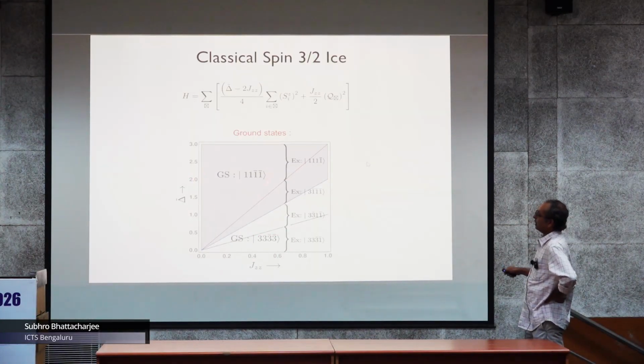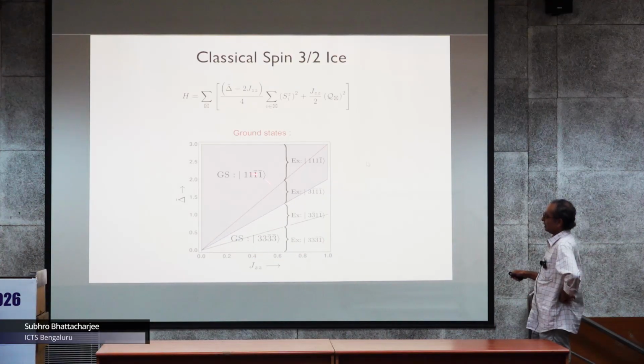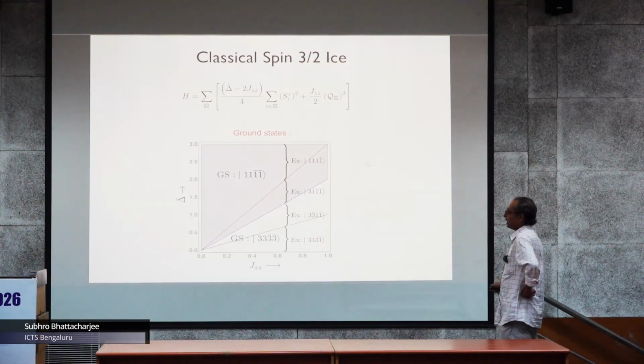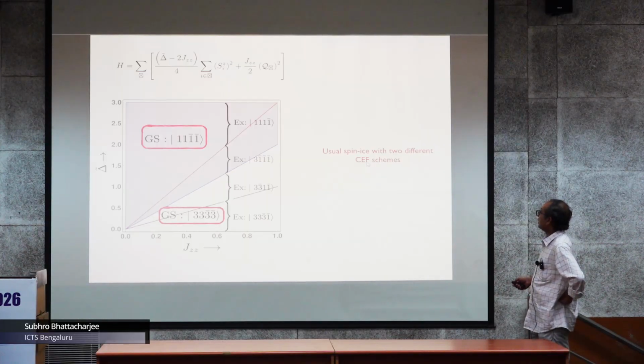So when delta is greater than J_zz, you get the regular spin ice. When delta is much less than J_zz, you get what is called an inverted spin ice, but for all practical purposes it's the same thing. The interesting region is here, where these two terms compete and you get new things.